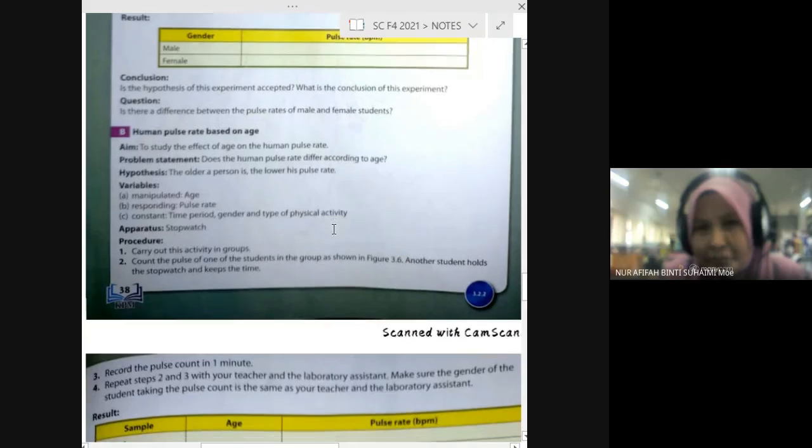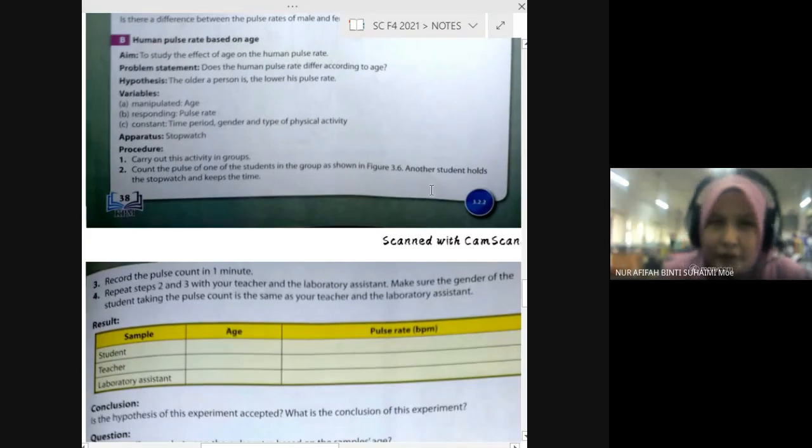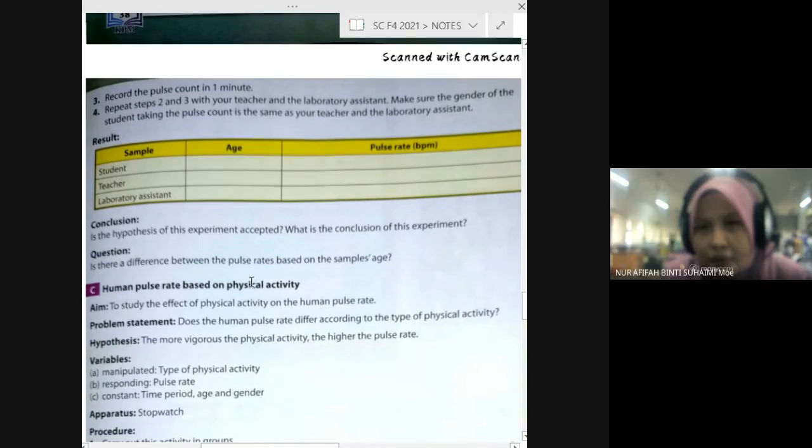For part B, we carry out the experiment with different ages. In the table, the samples we use are student, teacher, and lab assistant, because their ages are different. Students are younger than teachers, and teachers are younger than the lab assistant.